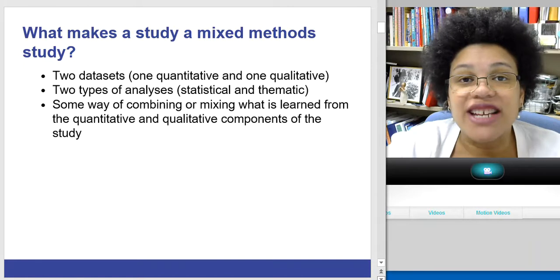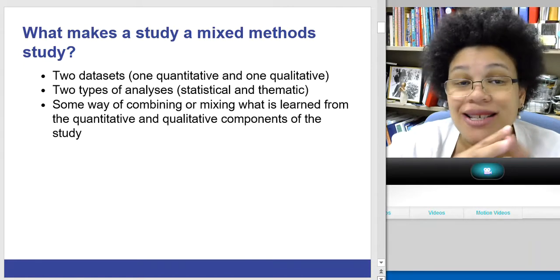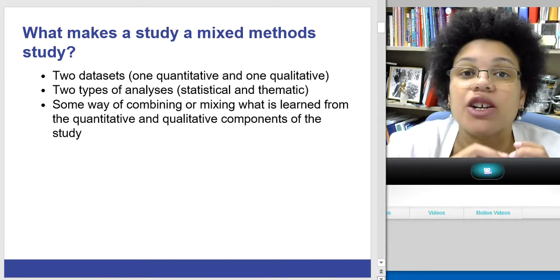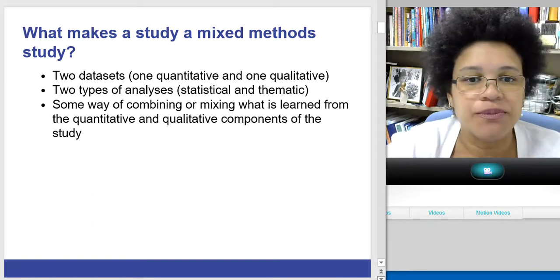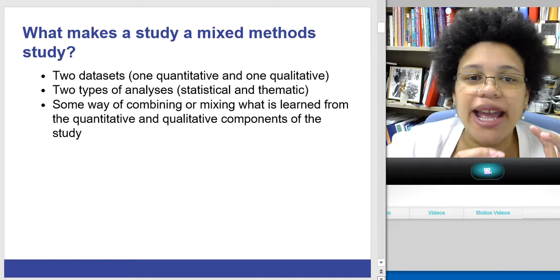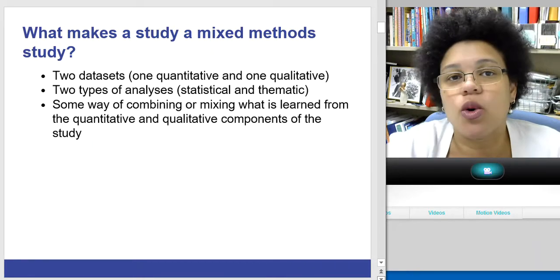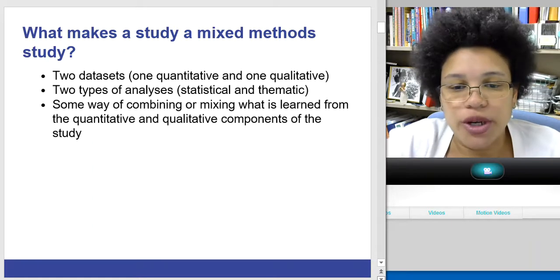And qualitative data is really good for answering process questions, like how something happens, and causality questions, why something happens. And then some way of combining what is learned from both the quantitative and qualitative components.